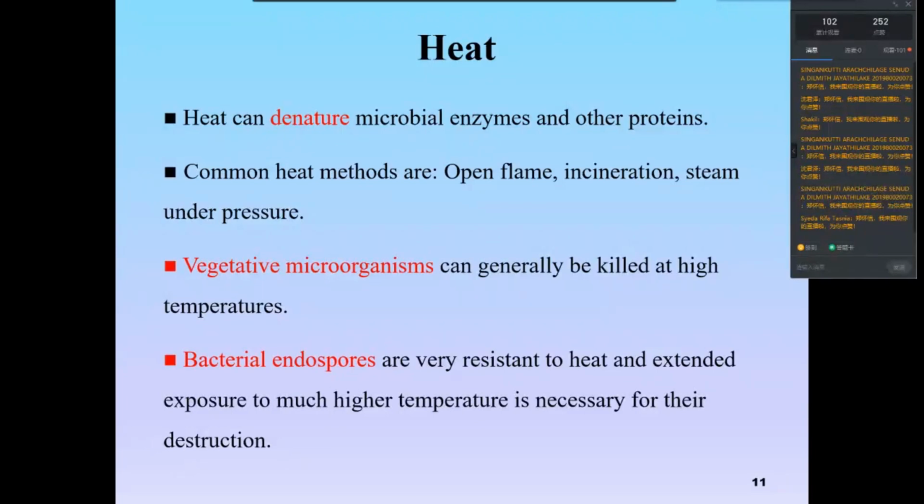We learned that endospores have layers of materials to protect them, and bacterial endospores are very resistant to heat. So you need to increase the temperature even higher, and expose them to high temperature for a longer time to kill them. So for different types of life, you need different conditions to kill them.